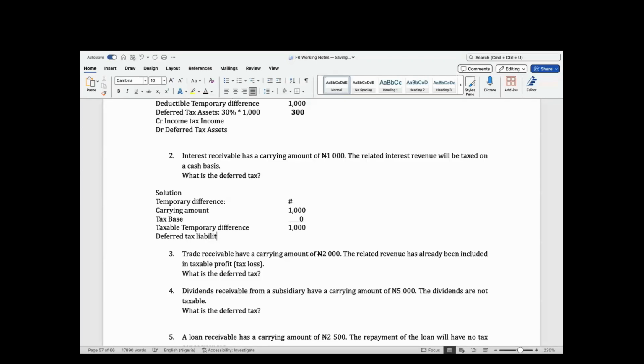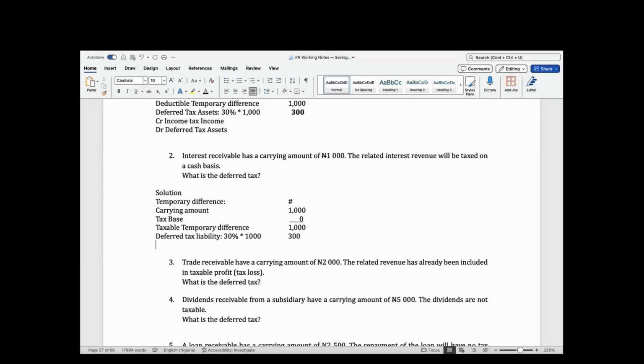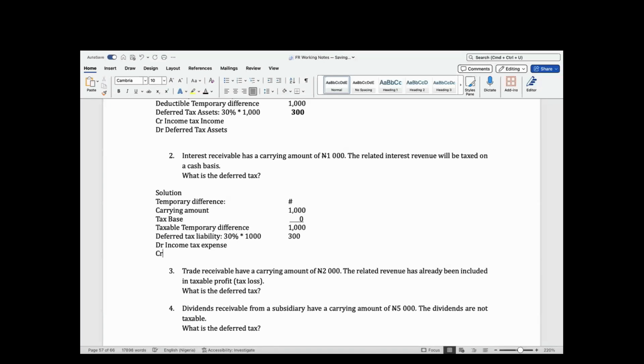A taxable temporary difference results in a deferred tax liability. And that's 30% times 1,000, which is 300. And for deferred tax liability, you debit your income tax expense and credit your deferred tax liability.